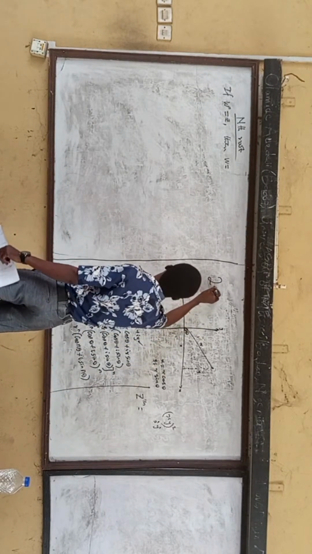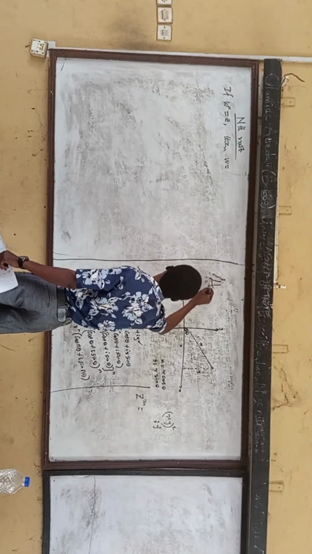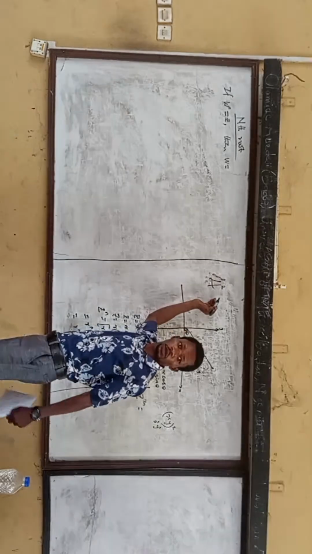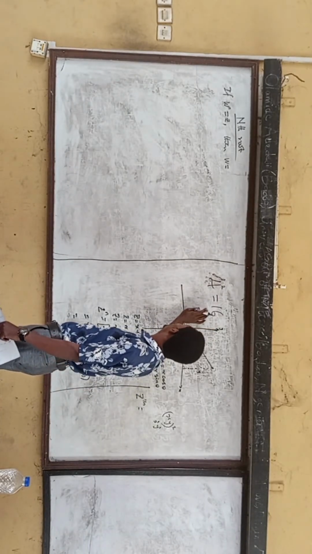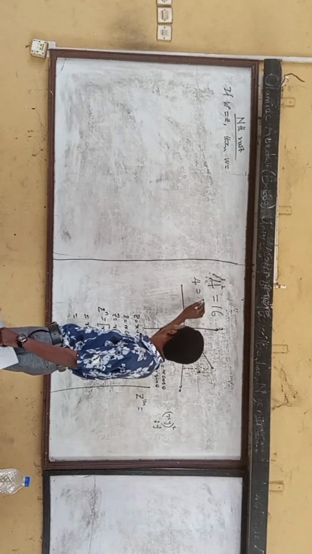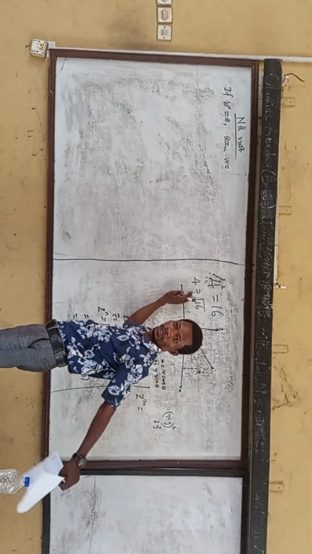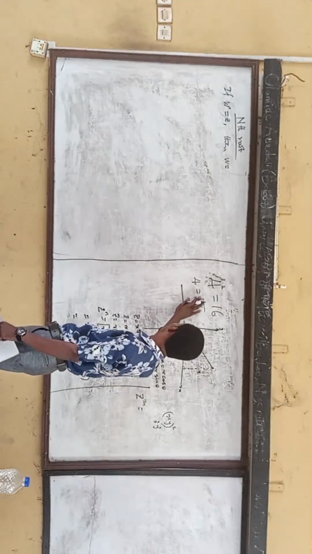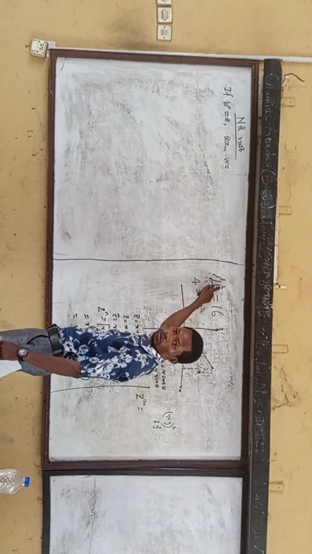If I do 4 squared, what is 4 squared? 16, right? So it means that 4 is going to be the square root of 16. You understand that? The same thing, because all we are saying is 16 raised to the power 1 over 2.